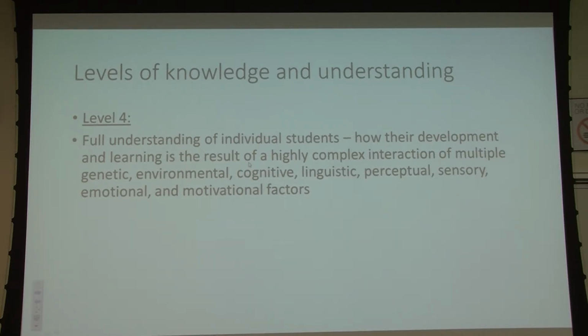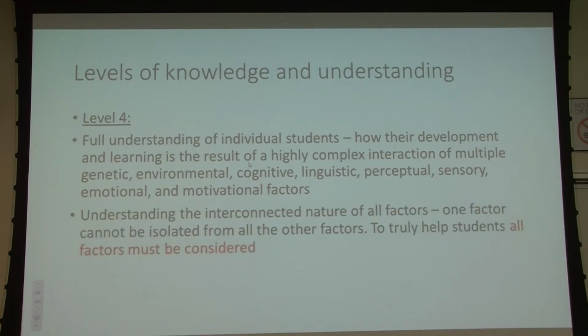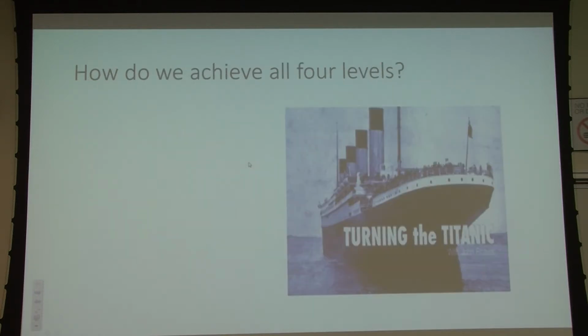Highly complex interaction of multiple genetic, environmental, cognitive, linguistic, perceptual, sensory, emotional, and motivational factors. All those things are going together to make the student, their learning. You need to understand that, the report needs to reflect that, the families need to understand that. All this stuff is interconnected. You've got to address all these factors, so you can't pull any one of them out. And that's what I see on the drive-by reports and the drive-by interpretation. They're not tying it together for the people.